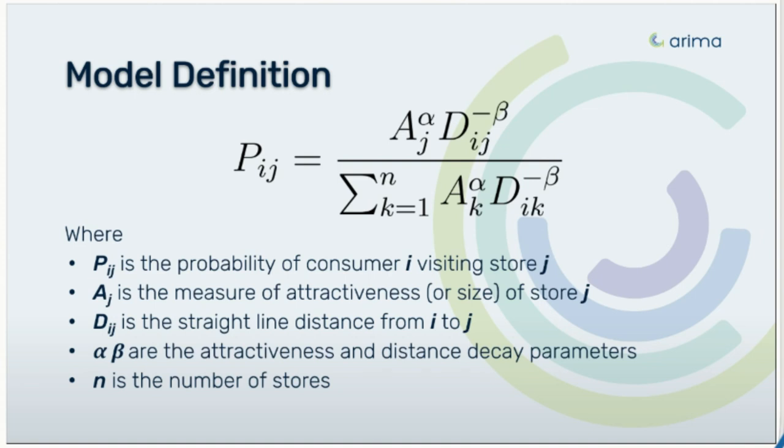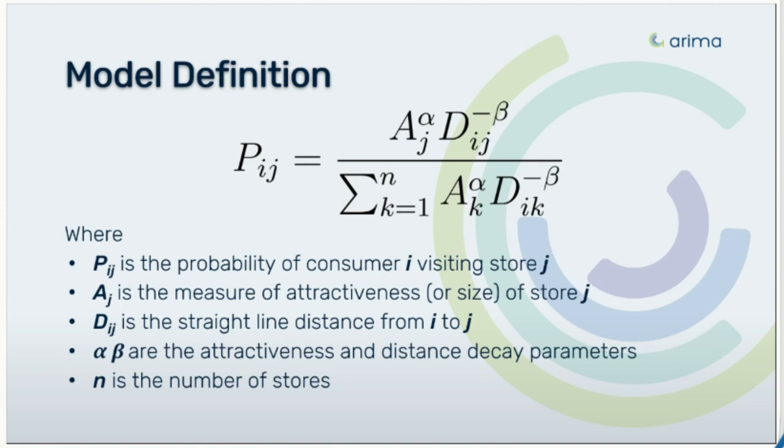That's a measure of how attractive a particular location is. Now, attractiveness is really hard to define. So in a lot of the work that people have done in the past, they've simply used the size of the location as a proxy for attractiveness. So the larger the mall is, or the larger the store is, the more attractive it is. It's not exactly attractiveness, but size is easier to measure, so that's why people use it.